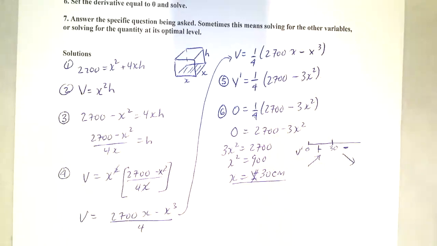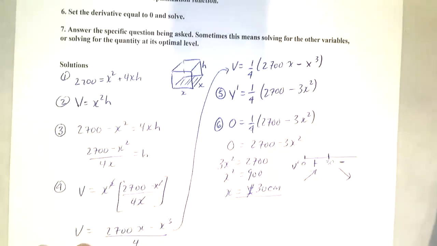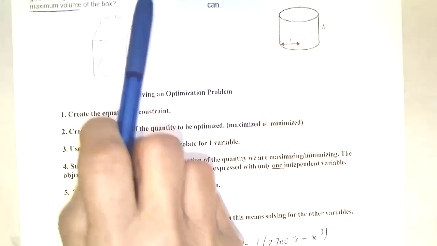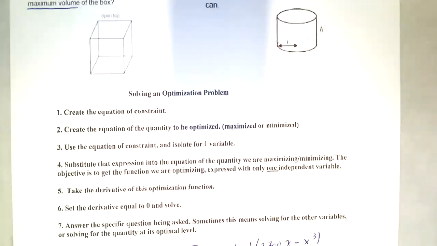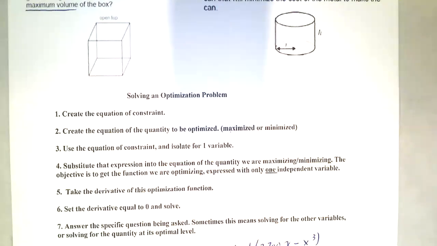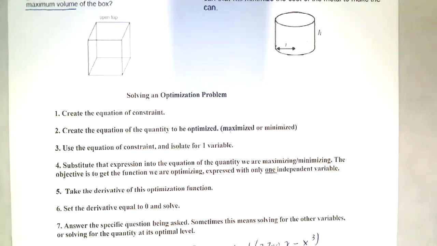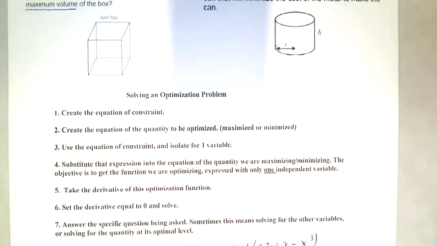You're really supposed to do that here, but we're going to cheat and skip that step because the endpoints aren't always obvious. It's not at all clear from here. Endpoints meaning how big am I allowed to let this box become, or how big could the dimensions be? They didn't give me that information.